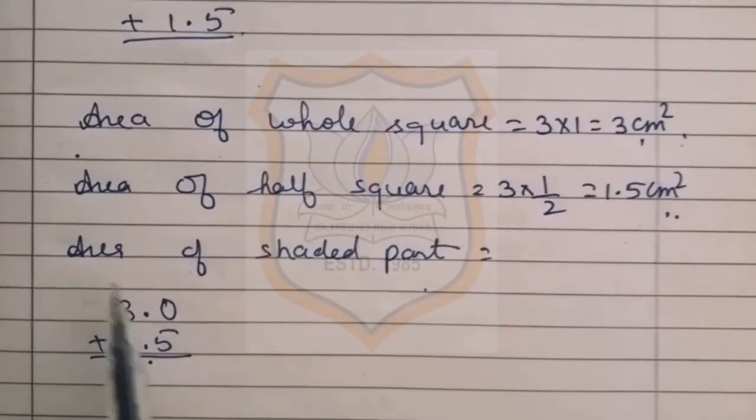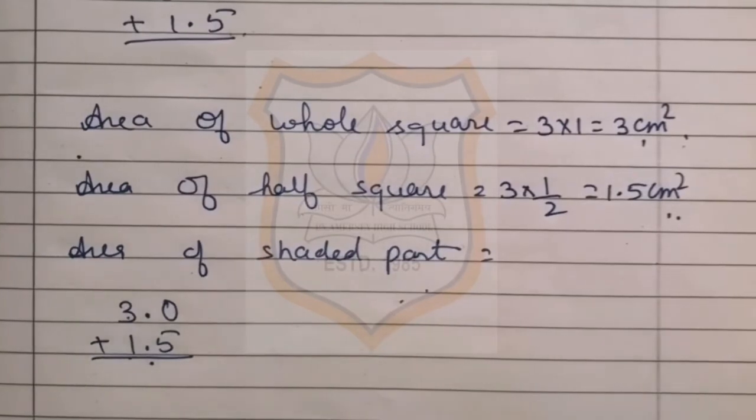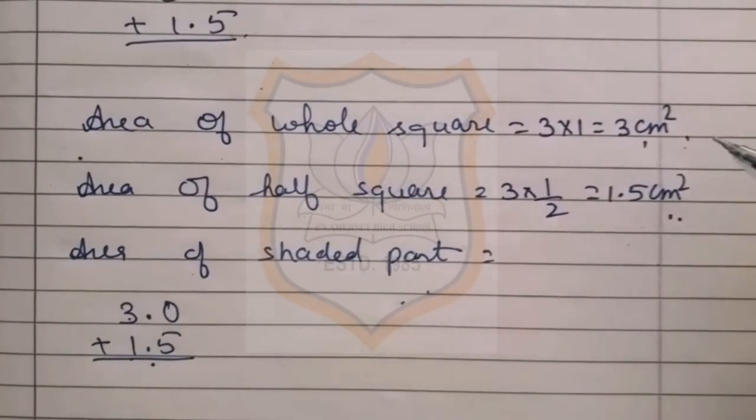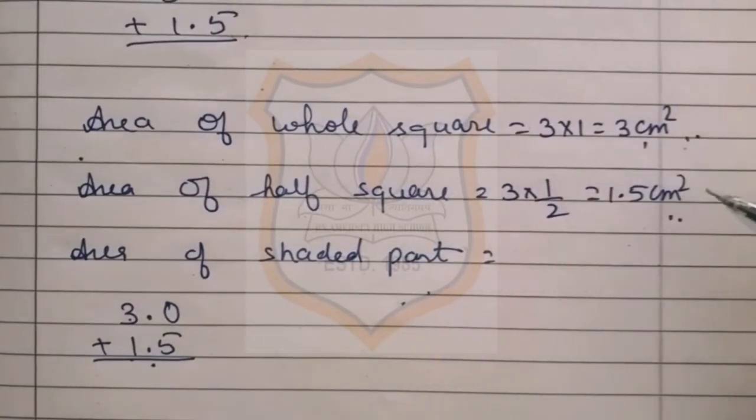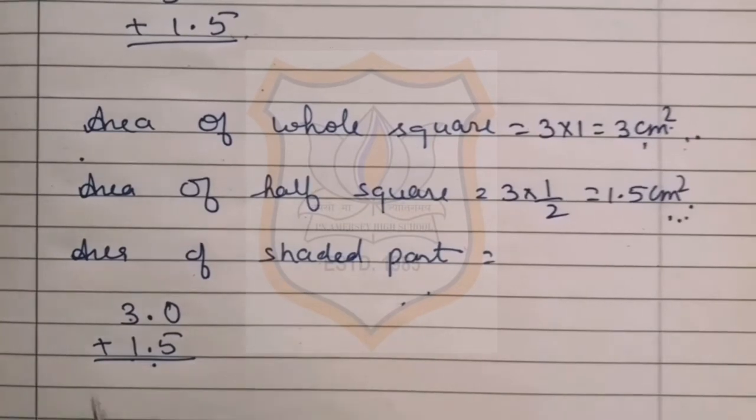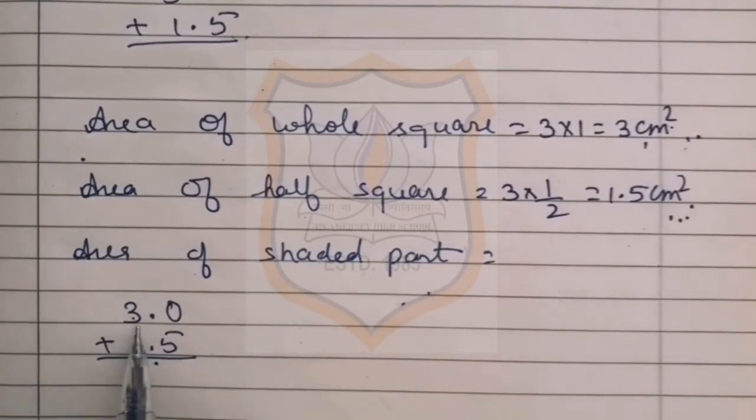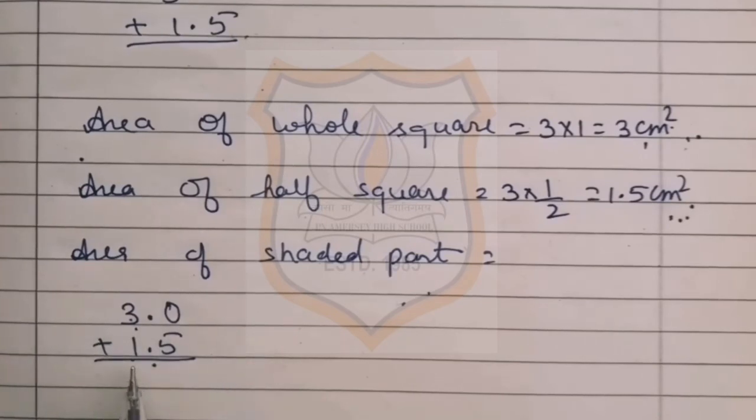Now area of shaded part. To find out the area of shaded part we have to add area of whole square and area of half squares. By adding 3 centimeter squares and 1.5 centimeter squares we will get the area of shaded part. Here you can see area of whole square is 3 centimeter square and area of half square is 1.5 centimeter square.